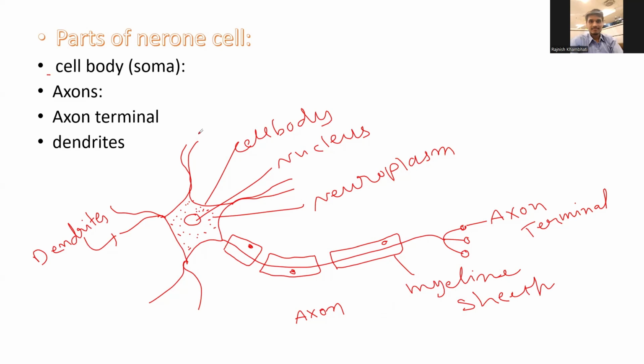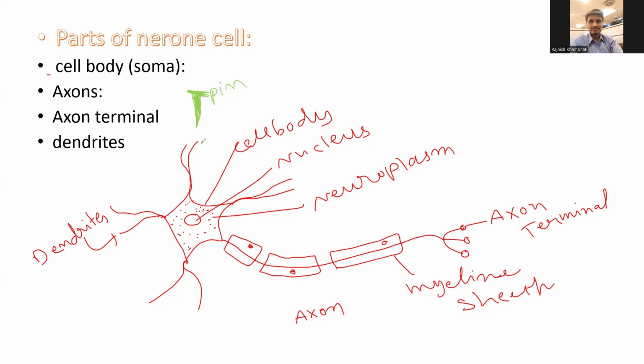Now its function, how it works. The dendrites will generate the action potential. Let me take some other pen color, green. Like something is happening over here. This is a pin. When a pin enters the body, you will feel the pain. How?